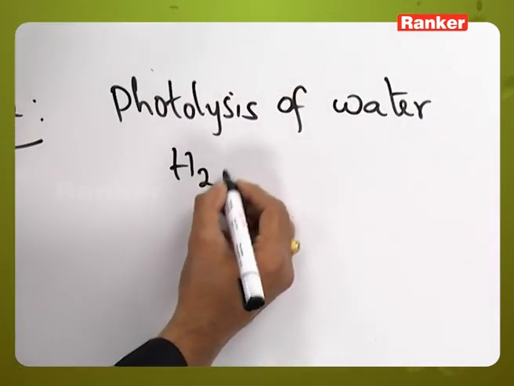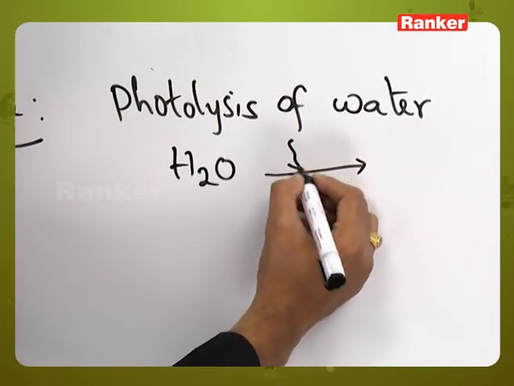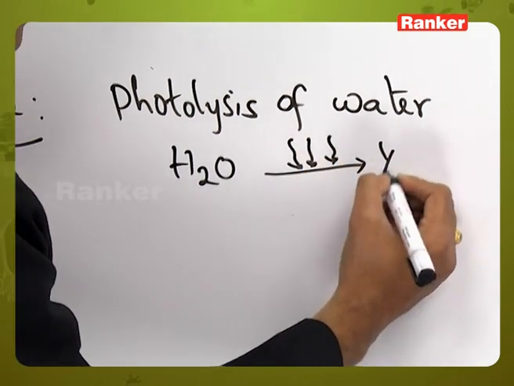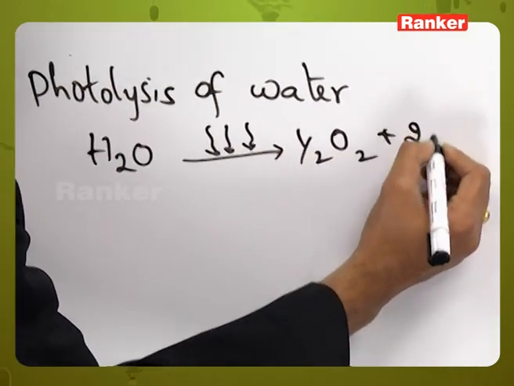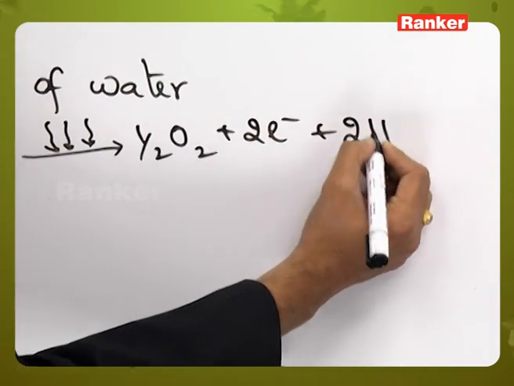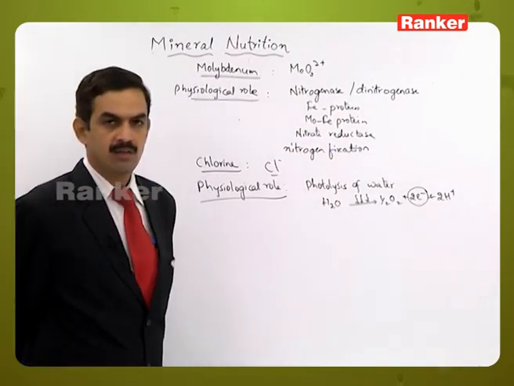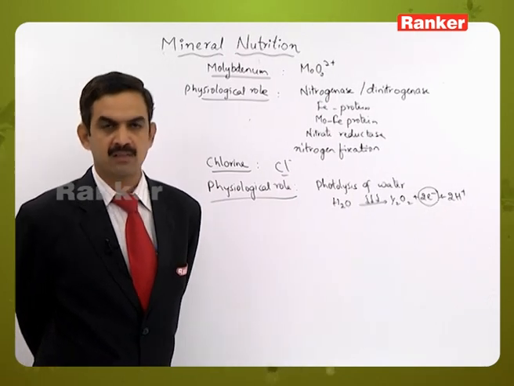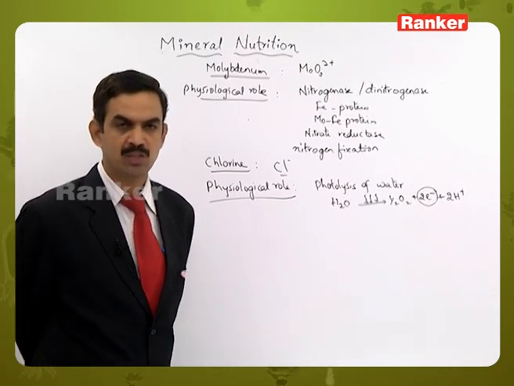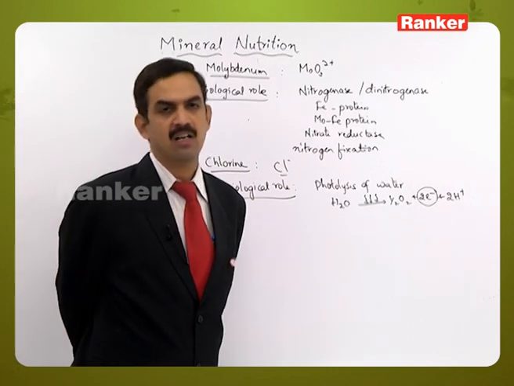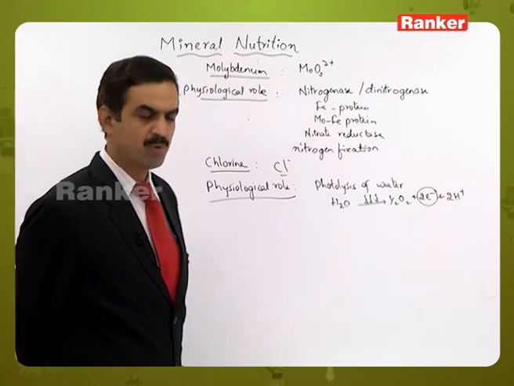That is, the water molecule will split in the presence of light to form half oxygen, 2 electrons and 2 protons, and the released electrons are provided to the photosystem, where these electrons will be transmitted to various types of electron carriers. In this process ATP will be produced.